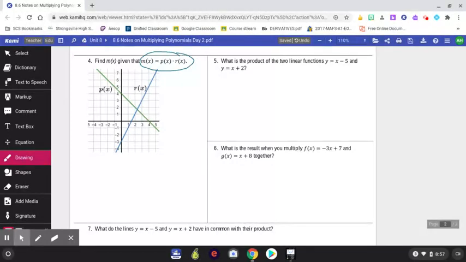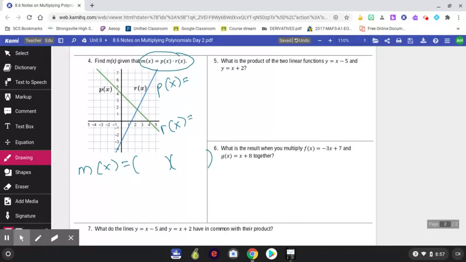Okay, so I would actually need to write out what the p of x equation is. And I would actually need to write out what the r of x equation is. So that once I have those two equations, the slope and the y-intercept, I can fill those two equations out and then multiply by hand like we did in problem 1 and you practiced in problem 2 and problem 3, okay?